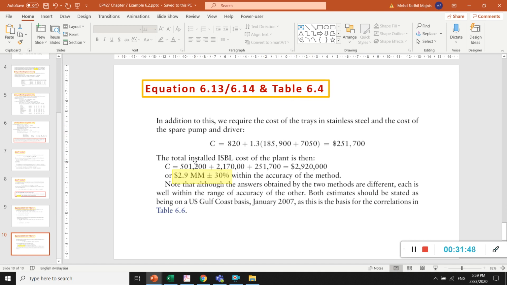So the total installed and spare cost, we accumulate all of these values, and what we get is 2.9 million, plus or minus 30%, within the accuracy of the method.